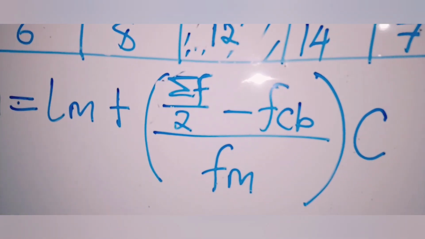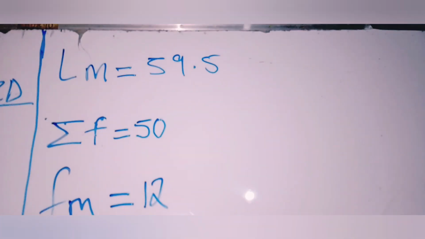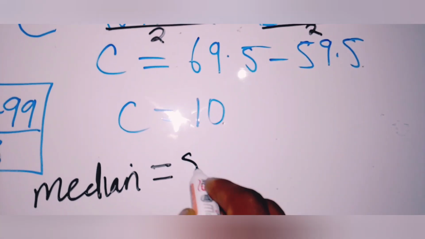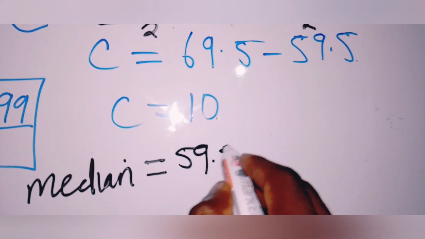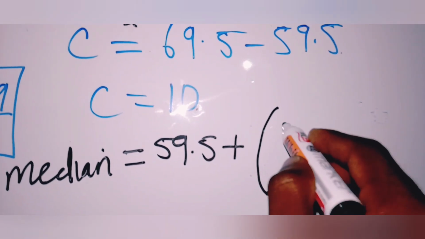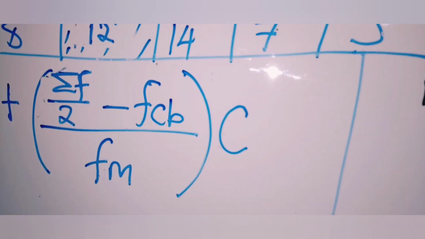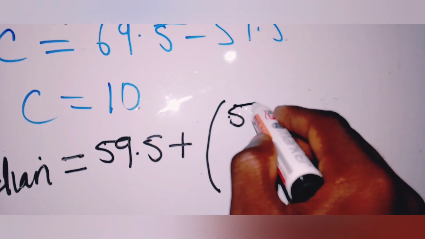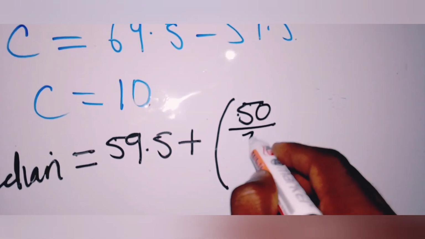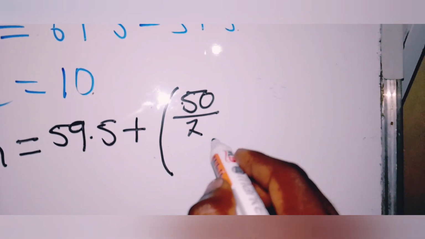Our LM is 59.5, plus, you open our frequency, sum of the frequency, 50, we divide by 2. Okay, 50 divided by 2.